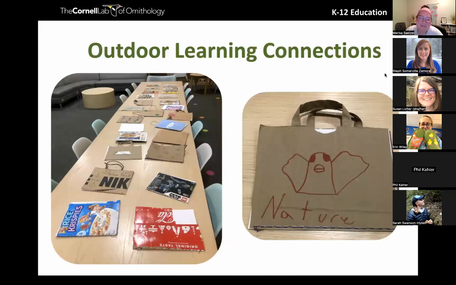Next slide, please. Whenever we are outside, they have nature journals. What's really cool is they have complete ownership over these journals. These journals are made from recycled materials. The students make these. They make every part of it. They put all the pages in, they sew it up, they design the cover, they bring in the stuff that we use.